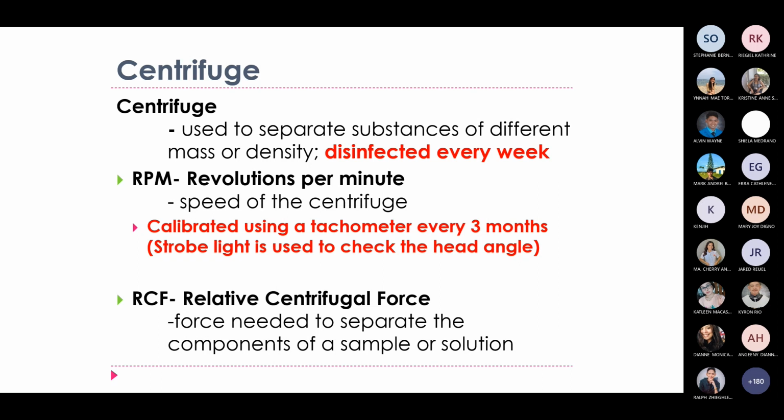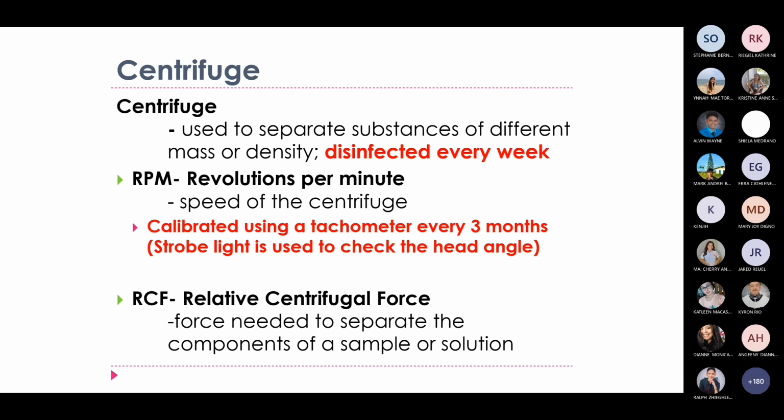And then we have two types of measurement when it comes to the revolutions and yung centrifugal force. So the first one is RPM, or the revolutions per minute. This indicates the speed of the centrifuge.